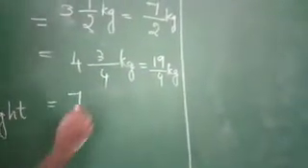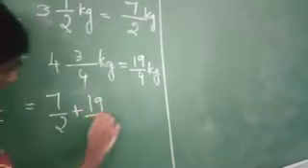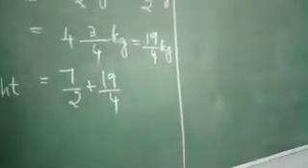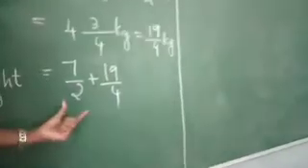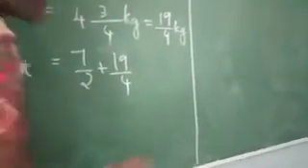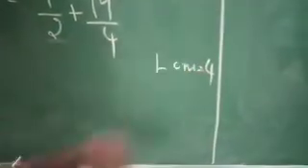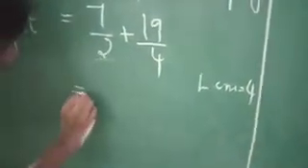Apples is 7/2 plus oranges is 19/4. See here, to add, the denominators should be equal. Here the denominators are different, so you have to take the LCM. So here the LCM will be 4, because when you multiply 2 with 2 you will get 4, and 4 with 1 you will get 4.